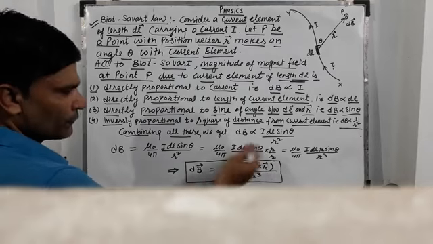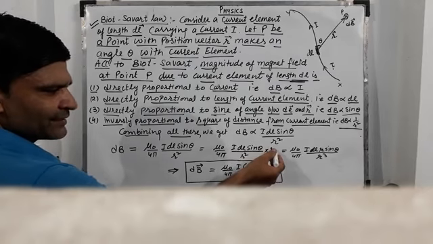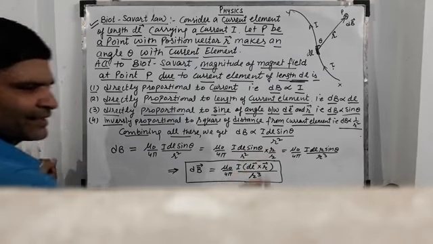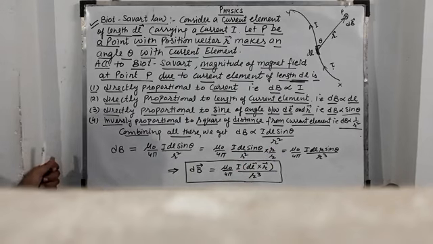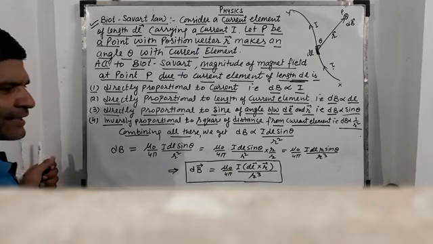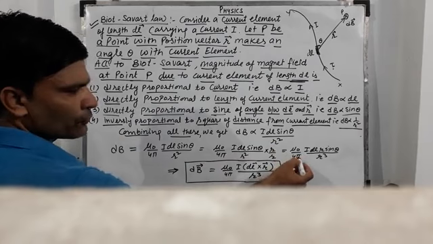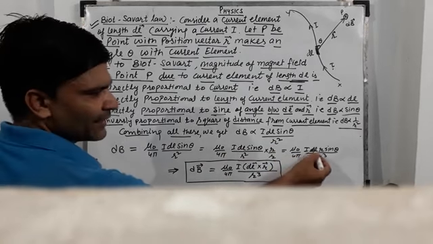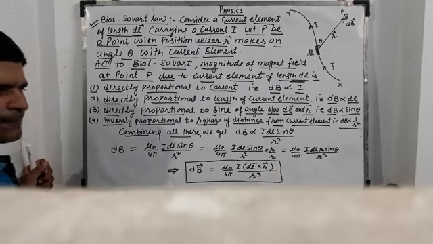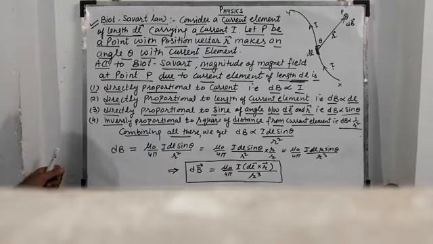If we multiply and divide this equation by r, then we get mu naught upon 4 pi I dl r sine theta upon r cube.